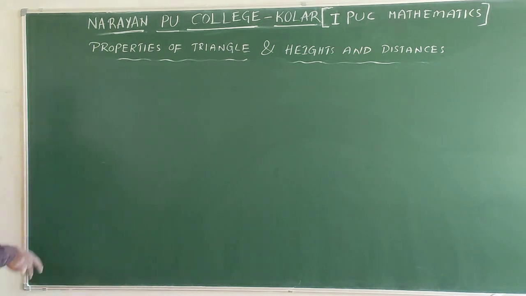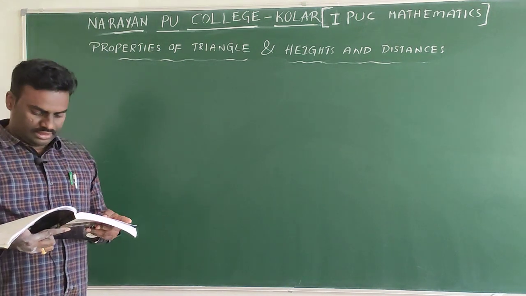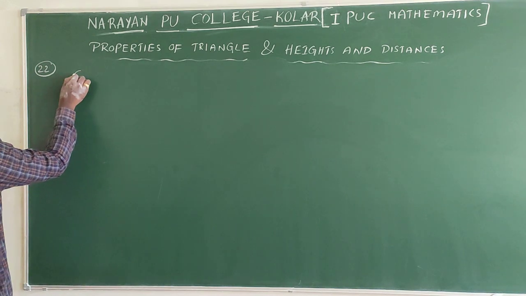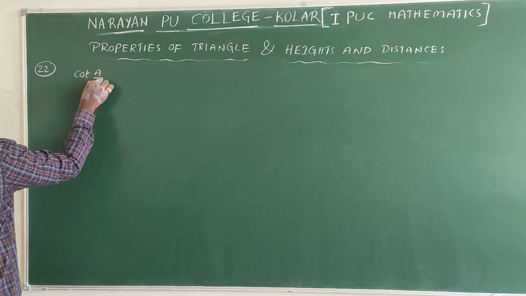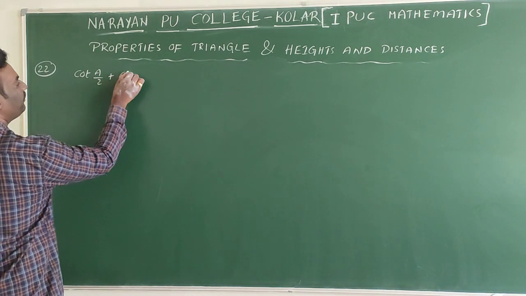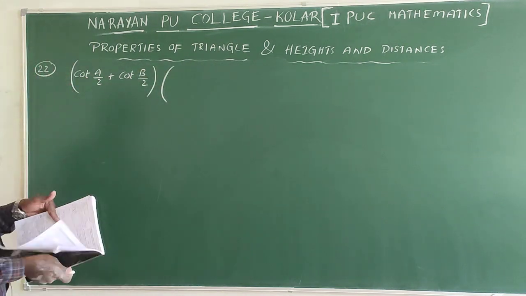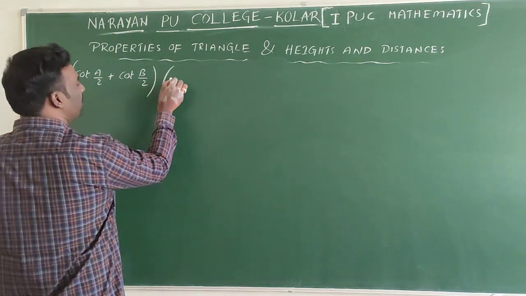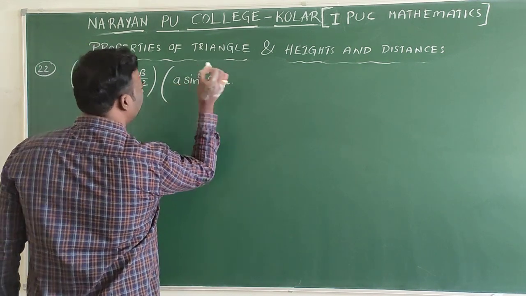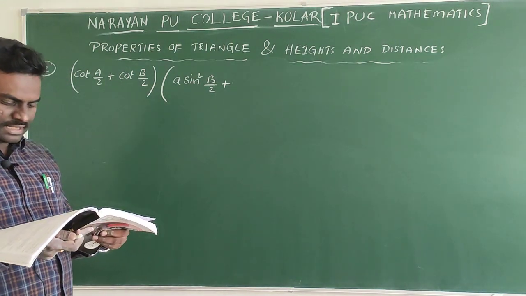Next, question number 22. In question number 22, the given in triangle ABC: (cot(A/2) + cot(B/2)) into (A sin²(B/2) + B sin²(A/2)).